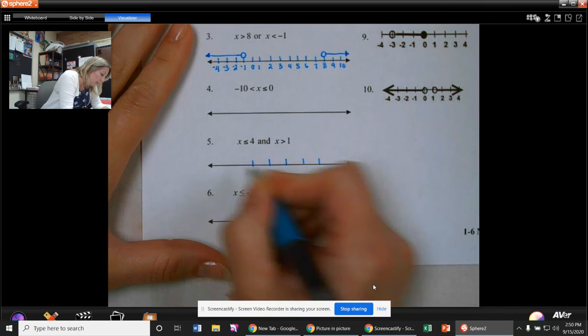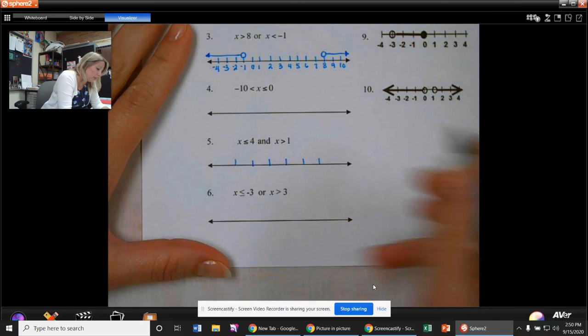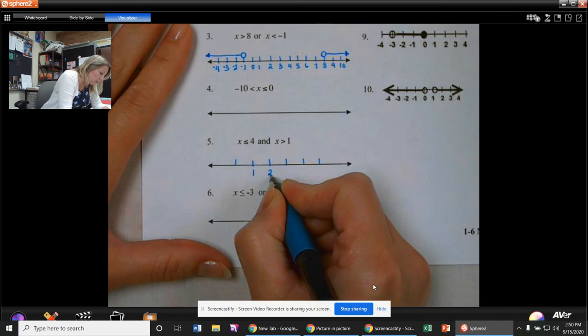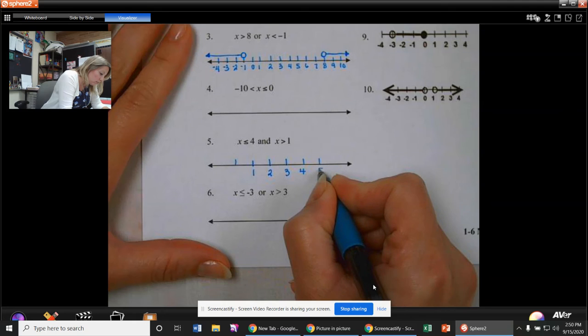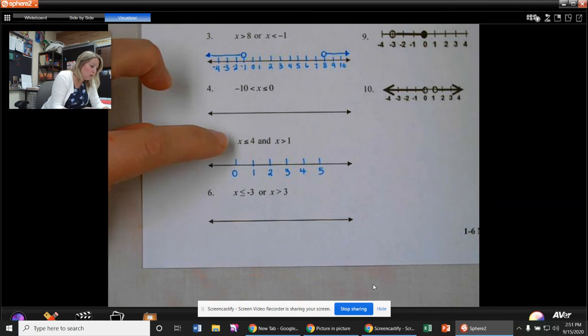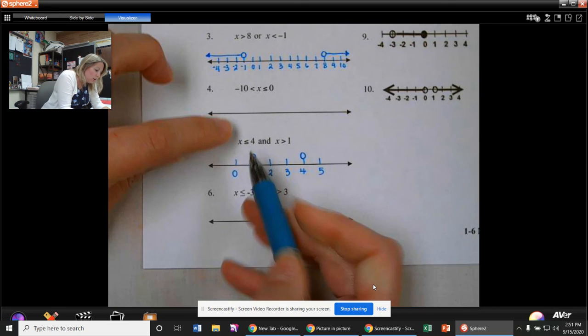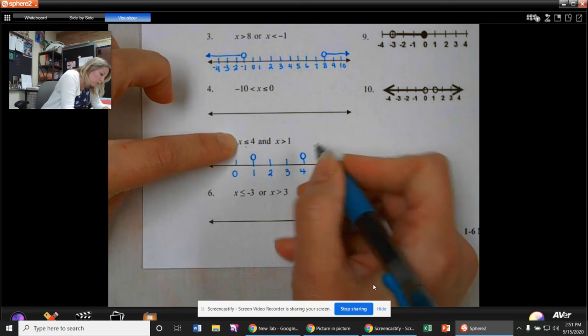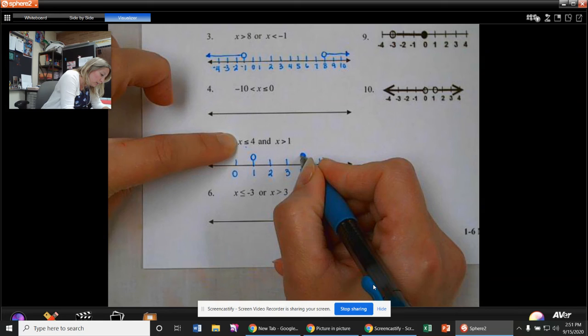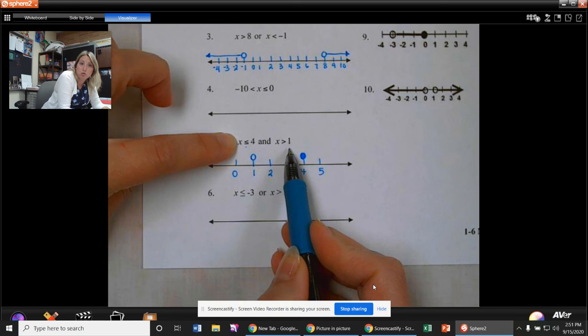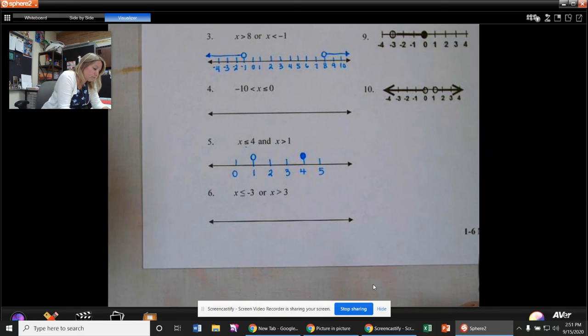And I'm just spacing out a little more because these are closer together than the other values have been. Open circle over 1, open circle over 4. Fill in that circle over 4 because we've got an equal to part. Do not fill in the circle over 1 because we do not have an equal to part there.